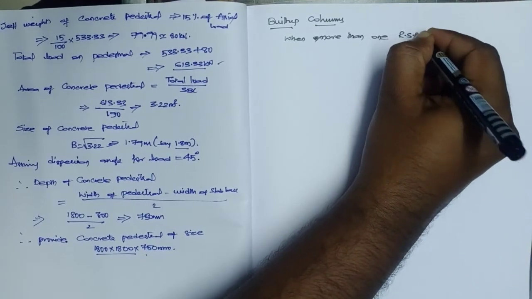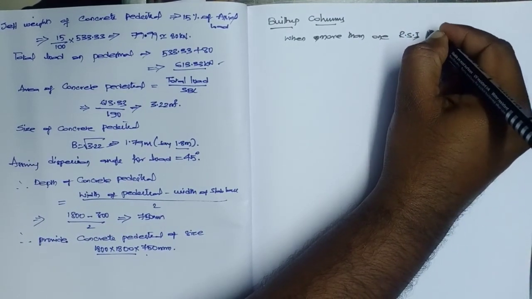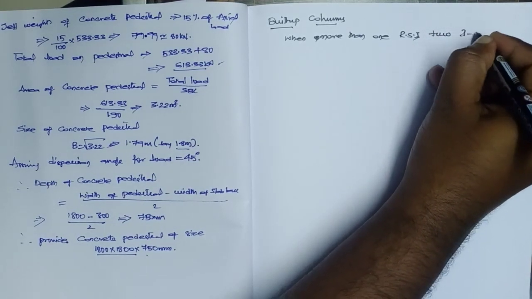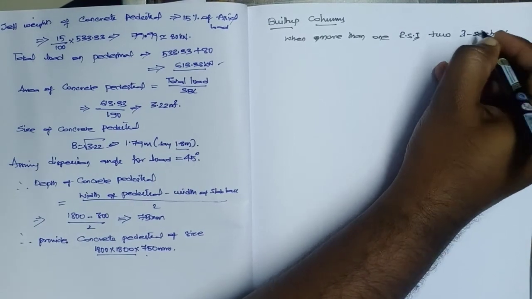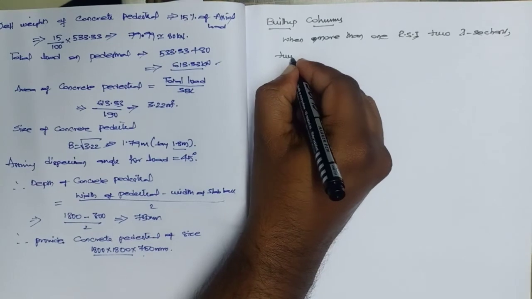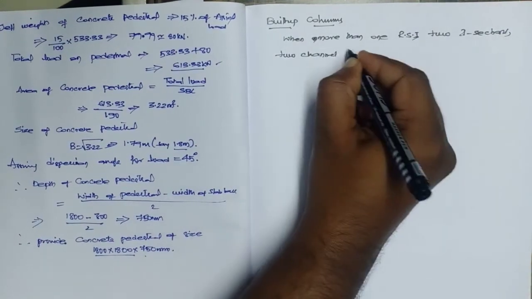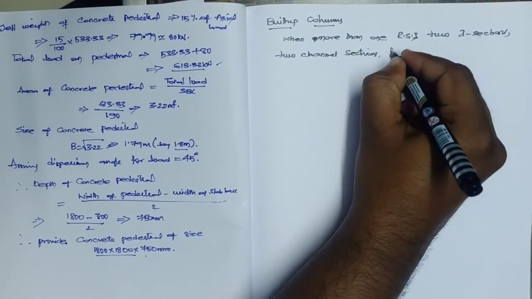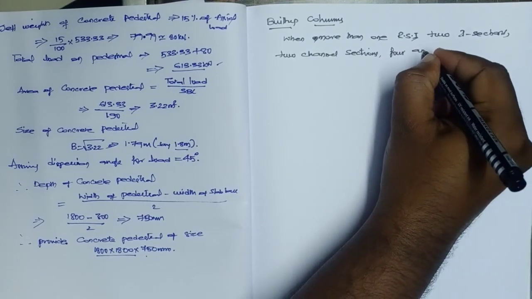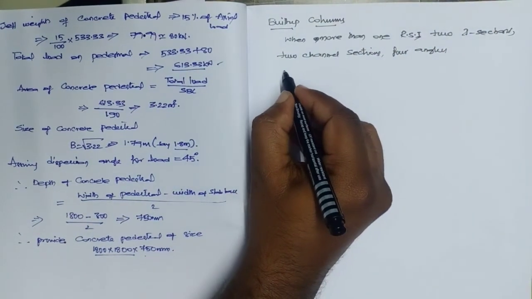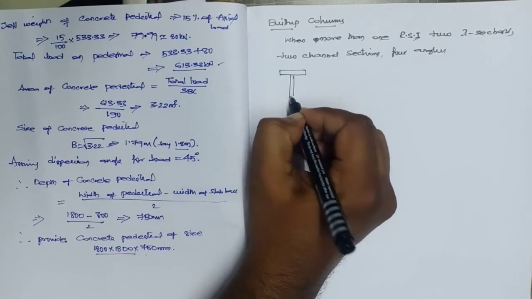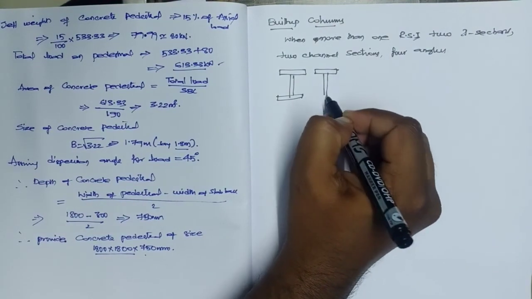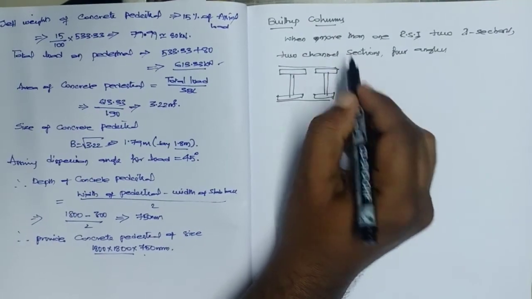rolled steel sections like 2 I sections, 2 channel sections, or 4 angles, means like this: 1 I section next to one more I section, using as one single unit.